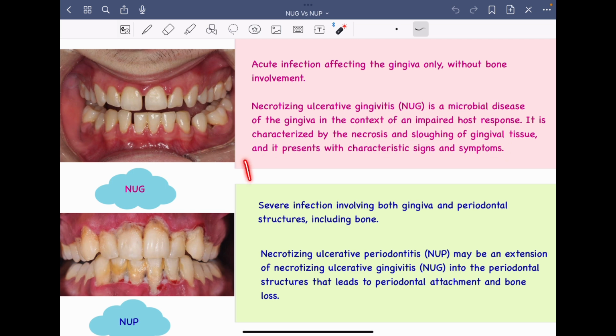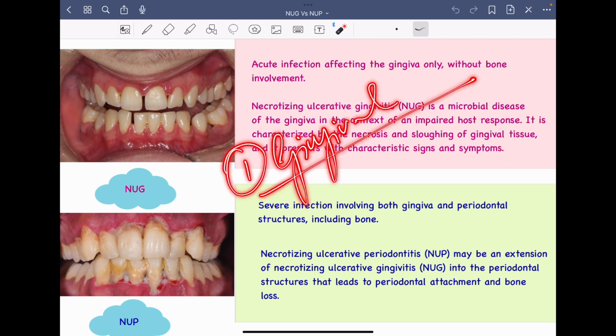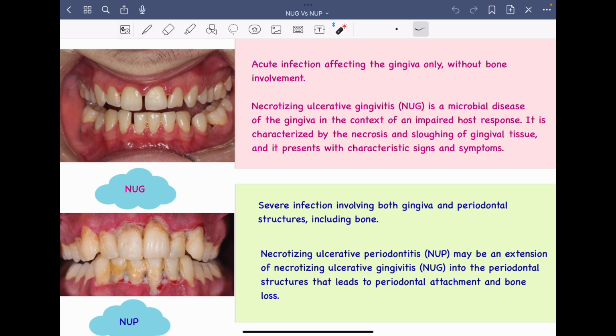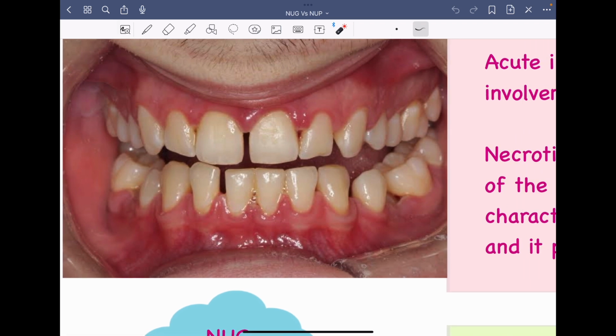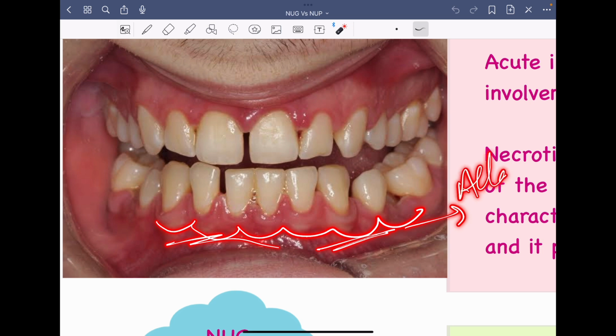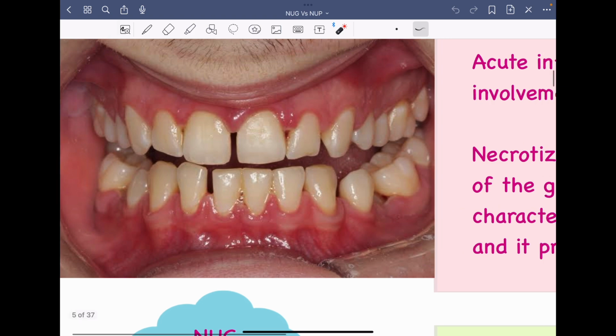So first is that it is an infection which is primarily affecting the gingival tissues only, right? So in this figure you can see marginal gingiva is affected, and definitely this part, the attached gingiva, is also affected, right?